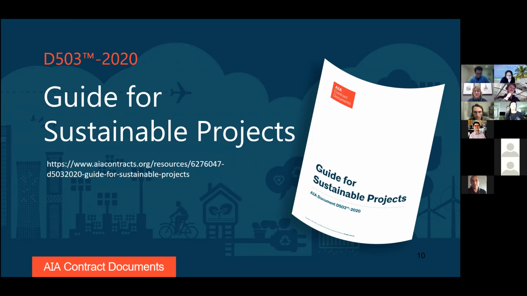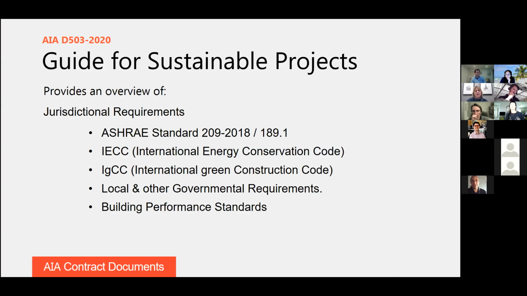The other guides for the owner architect agreements and other agreements are also out there, and I think there's a guide coming out soon for international projects. These guides help people understand the contracts better and the topics that surround those contracts. As an example, one of the chapters in this guide provides an overview of jurisdictional requirements and things you might see in the industry.